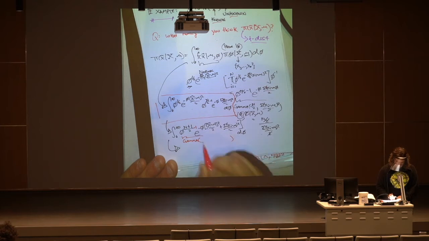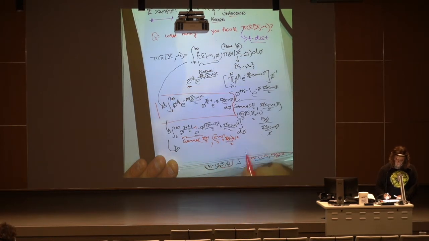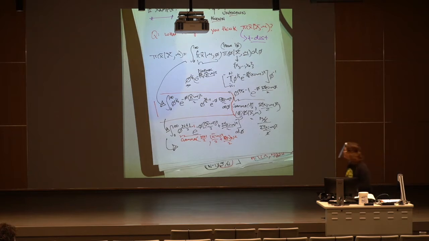It's got two parameters, n plus 1 over 2, and then this thing right here, x tilde minus mu squared over 2 plus the sum of the xi's minus mu squared over 2. Hopefully that's not too messy.